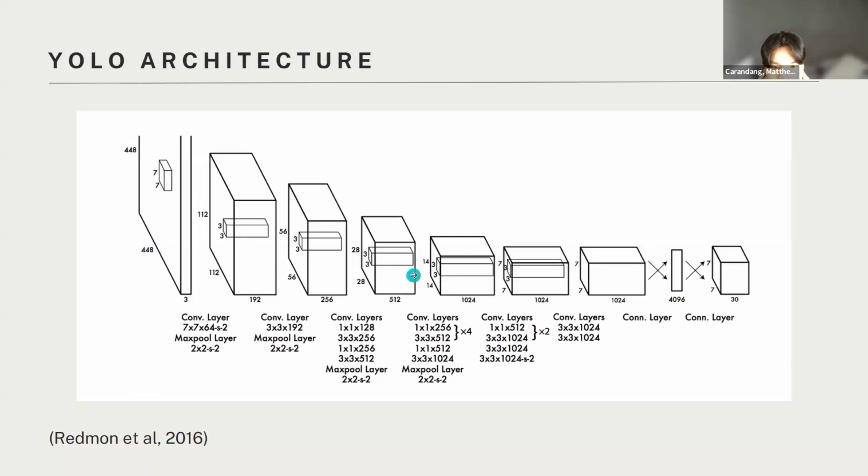As the image goes further and further into the network, you gain more and more features about that image. And then finally, the fully connected layer would be the prediction layer, where the feature maps are taken and made into predictions, such as the class and where it is located for the bounding boxes.